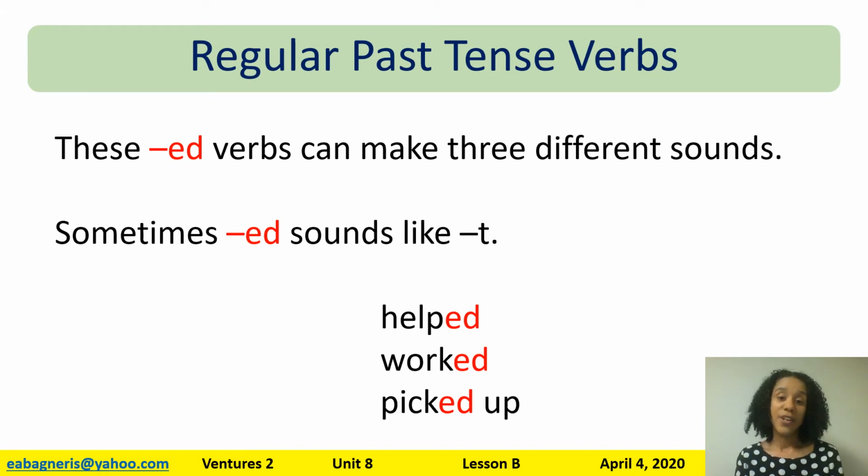These ed verbs can make 3 different sounds. Do you remember that? We talked about ed can make 3 different sounds. Sometimes ed sounds like a T. Let's look at some examples. Say them with me. Helped.